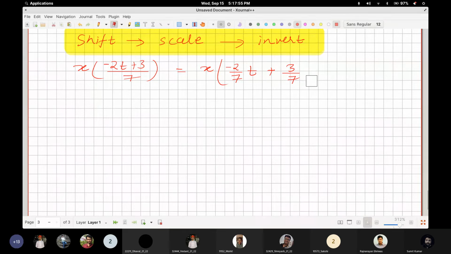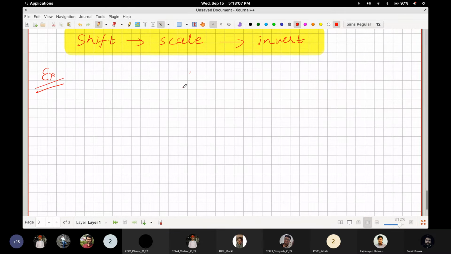Okay, so let me just give you another problem, and then we will see how that is going to be done. Let's say I have a function, another example here.